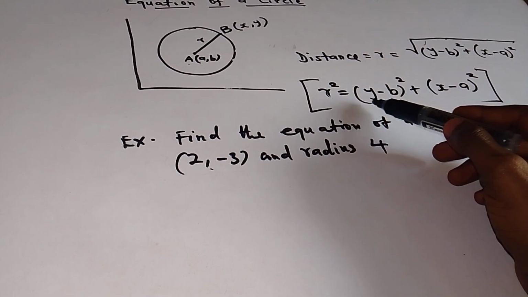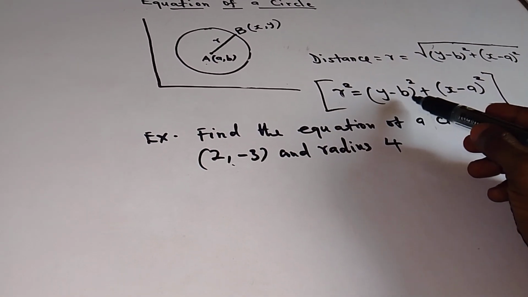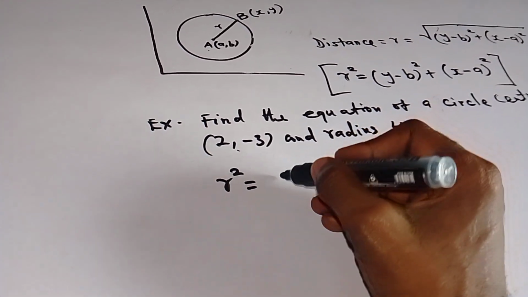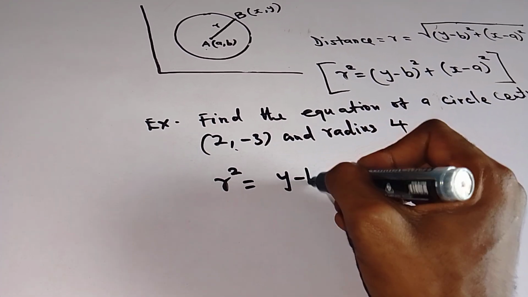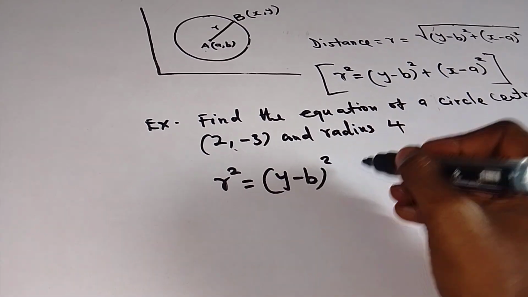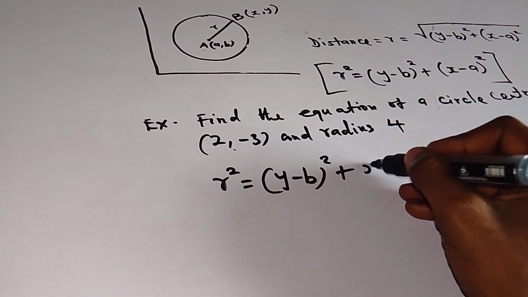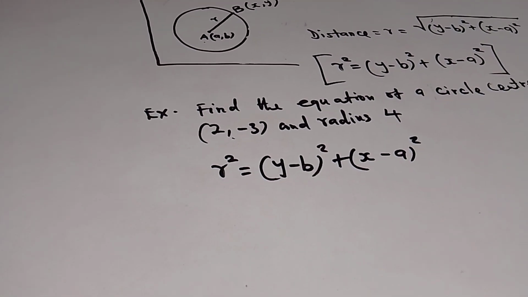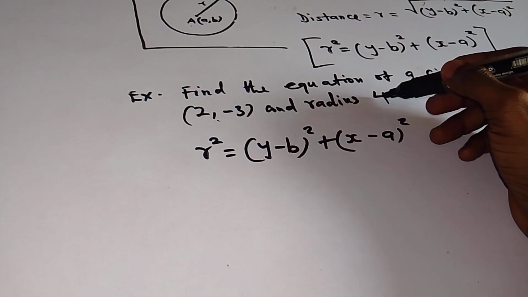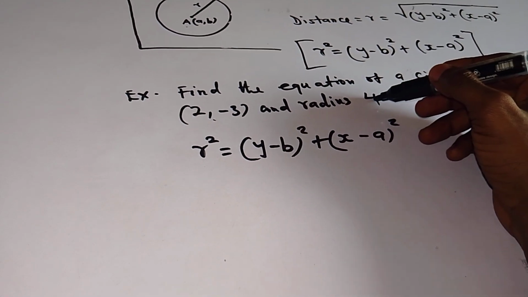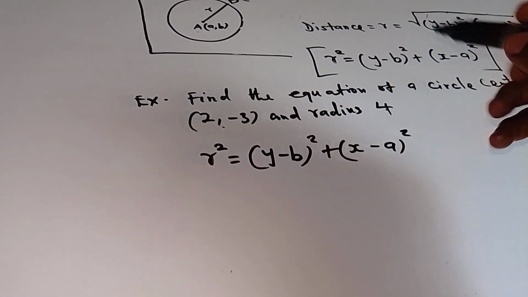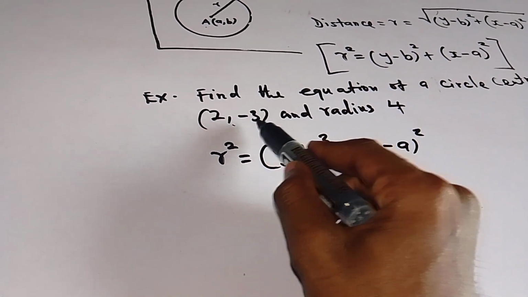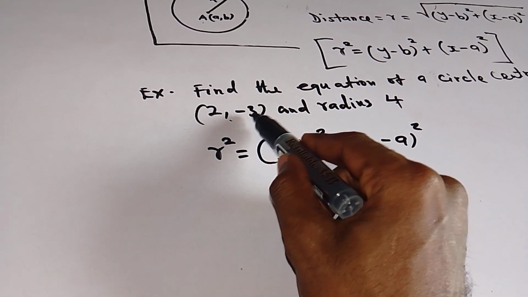By recalling this equation, r squared is equal to (y minus b) squared plus (x minus a) squared. In this question, r is the radius, which is 4, and our a is 2, our b is minus 3.